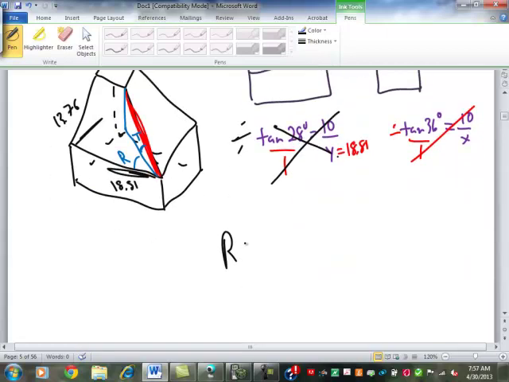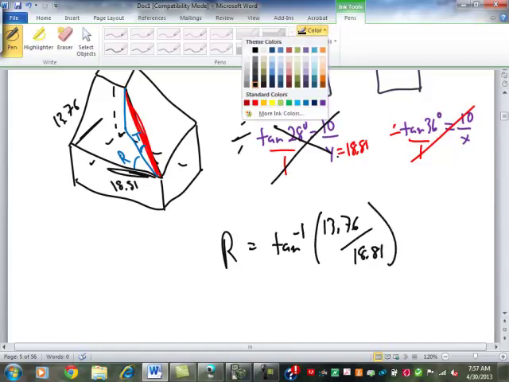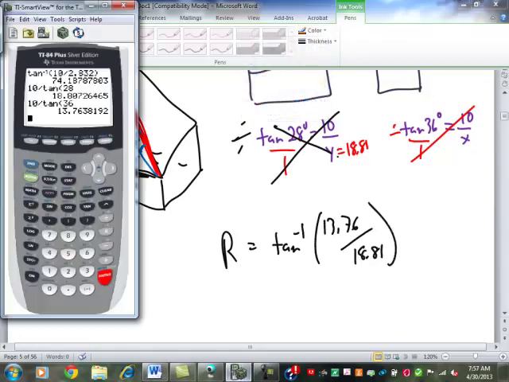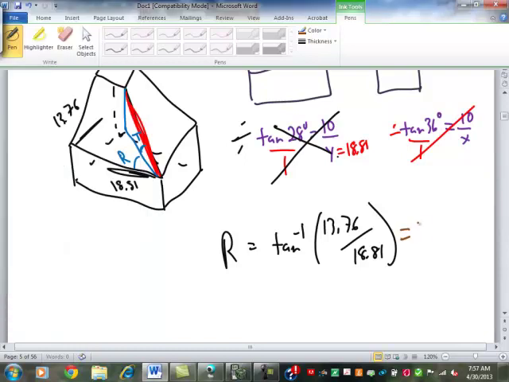So the rotation is the inverse tangent of 13.76 over 18.81. So second tangent, 13.76 divided by 18.81, 36.19 degrees.